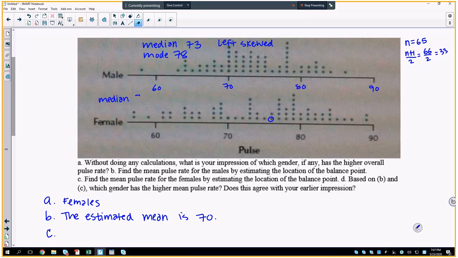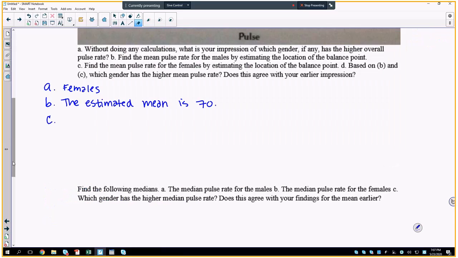Median is 76, and the mode is 79. So this is also left skewed. But if we wanted to estimate the mean in this case, I would probably go with 74, or something around there.